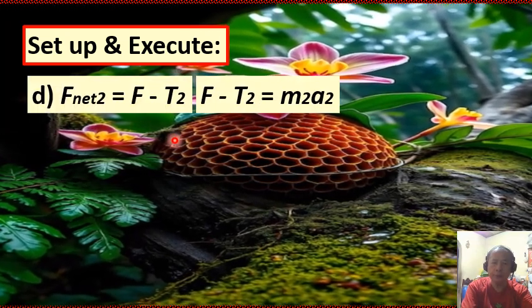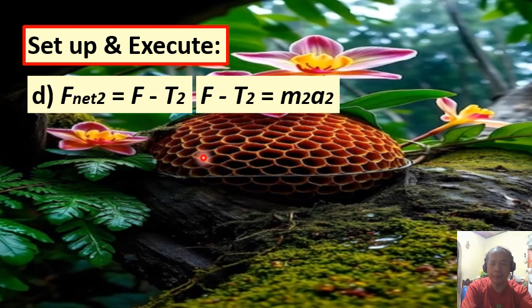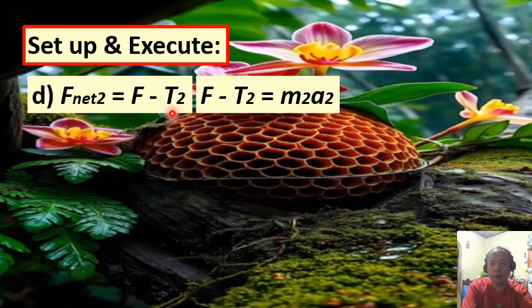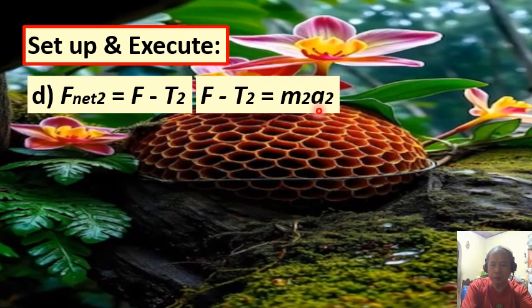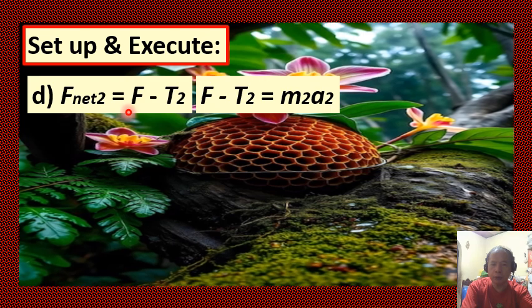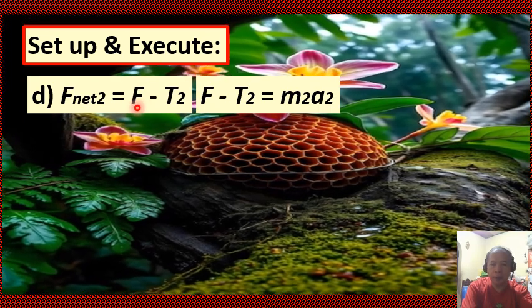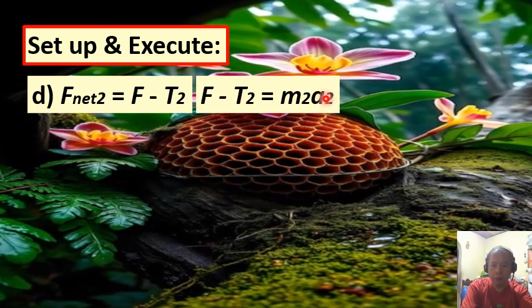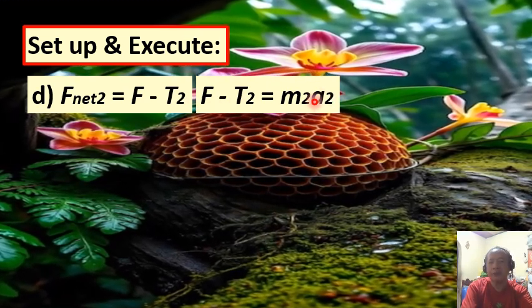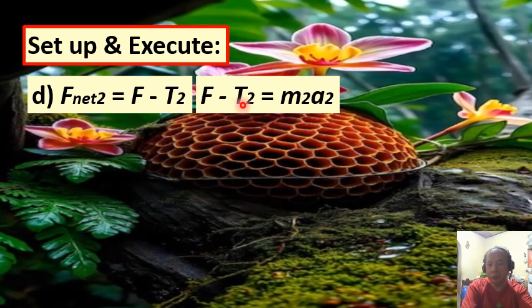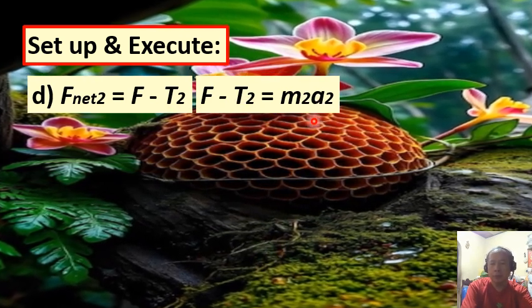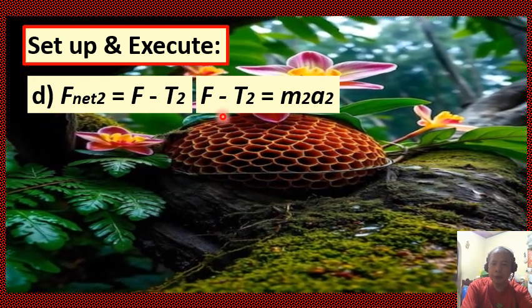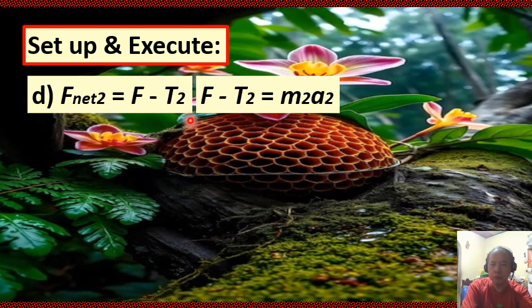In computing for the magnitude of force F, we go back to this equation, applying the second law of motion. F net 2 equals capital F minus T sub 2. We're considering here the net force acting on crate number 2, and we already know the value of the tension force T2.